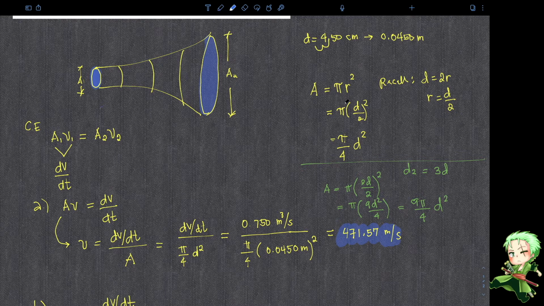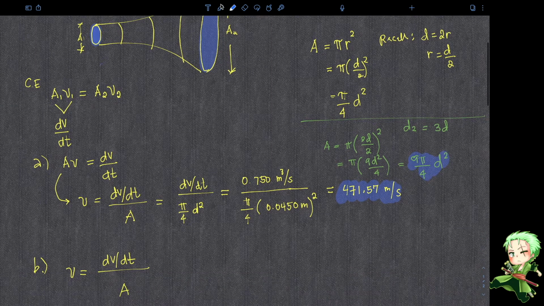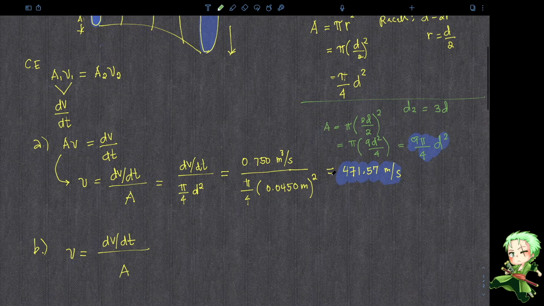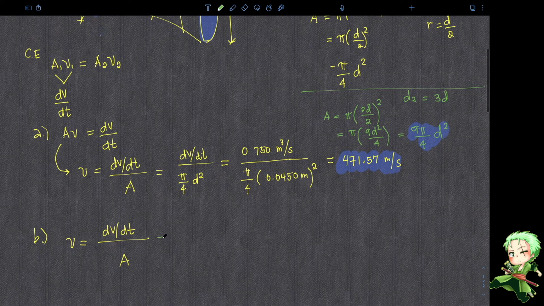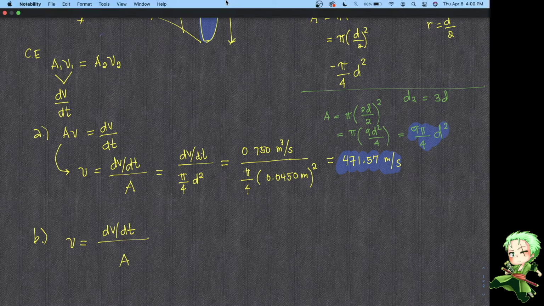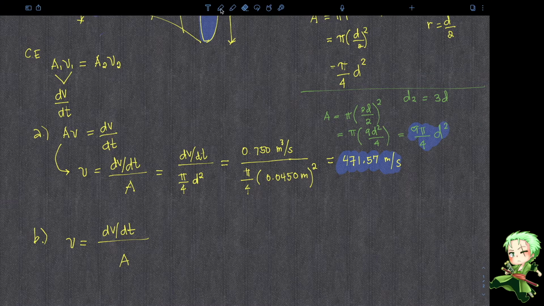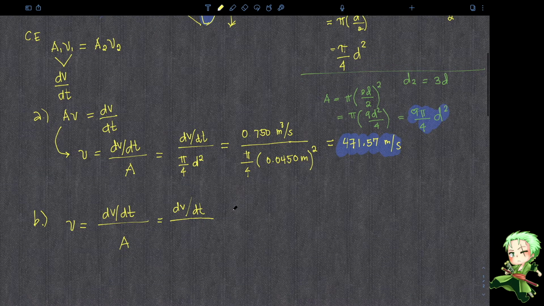This new expression for area is what you are going to use for problem B, since the diameter is 3 times the original diameter. So you plug in that value here. Let me change the color back to yellow. You have the same volume flow rate because, as I've said earlier, and you know from the discussion, because of the assumption that the fluid is incompressible, the volume flow rate is constant through all the paths.